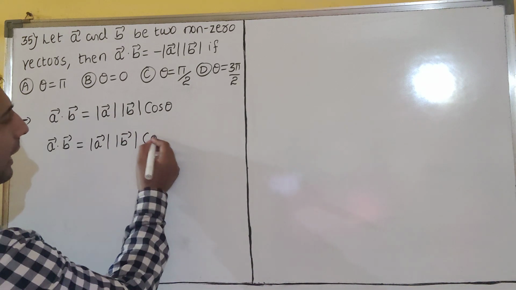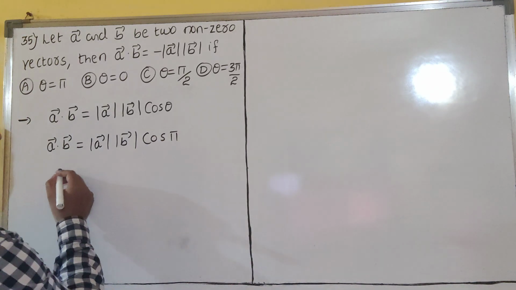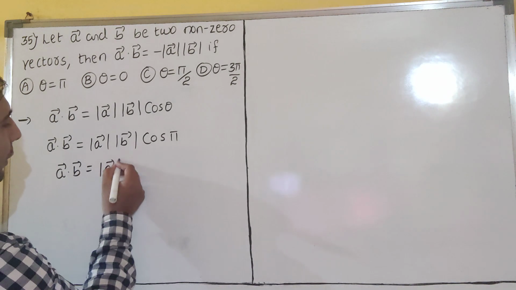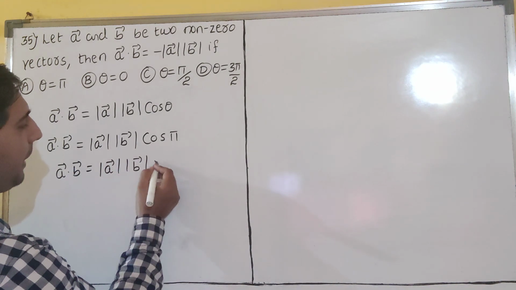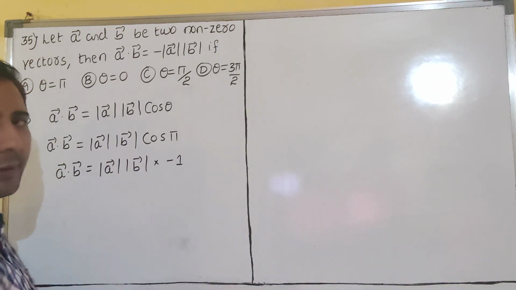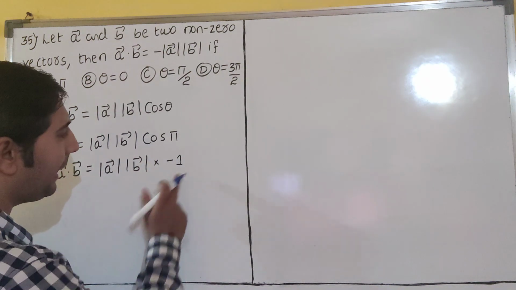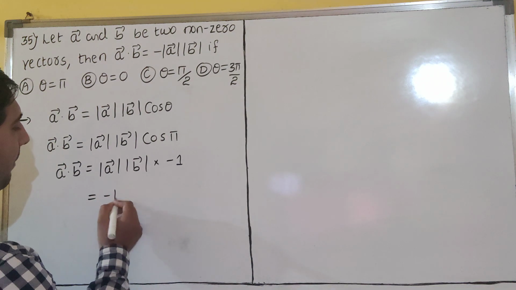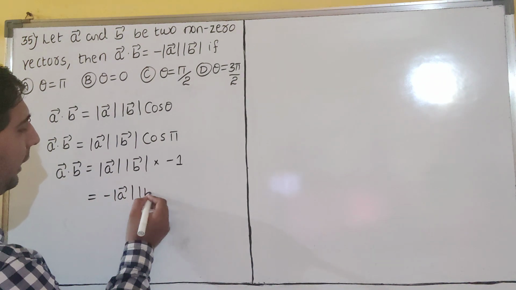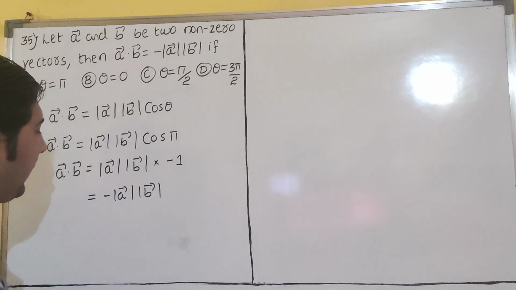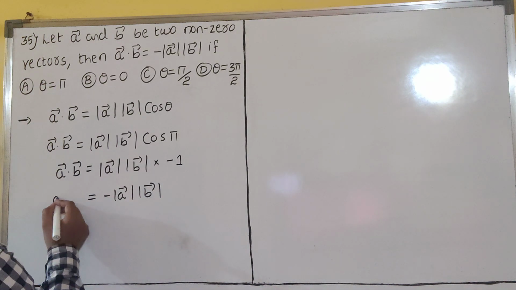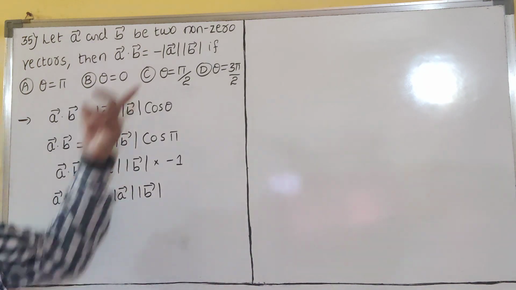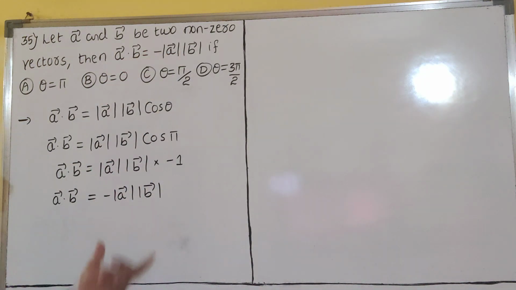I will put cos pi, which is minus 1, dear students. So minus 1 into this is minus magnitude of vector A into magnitude of vector B. This is matching.